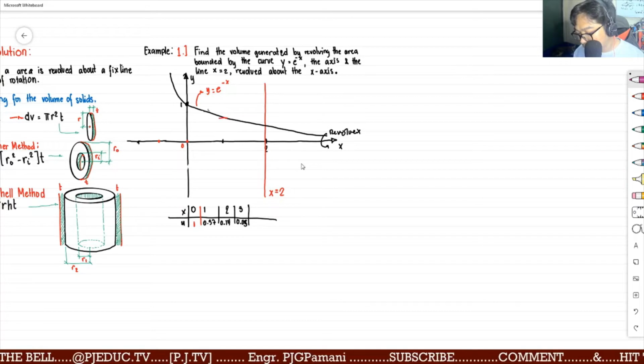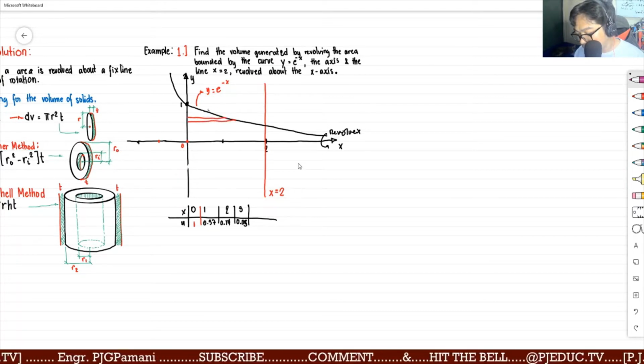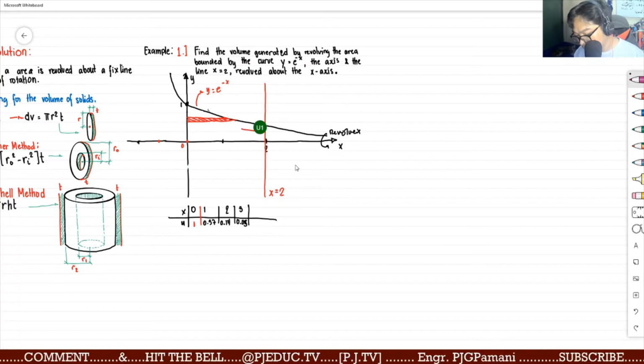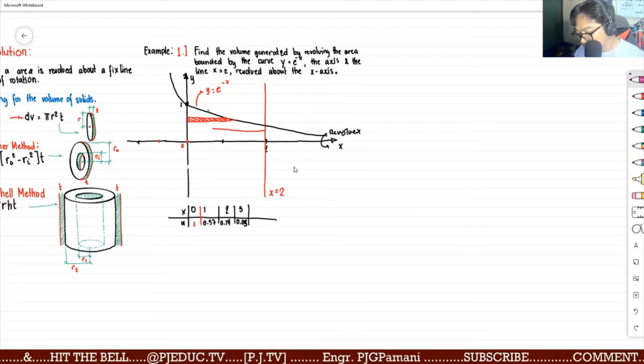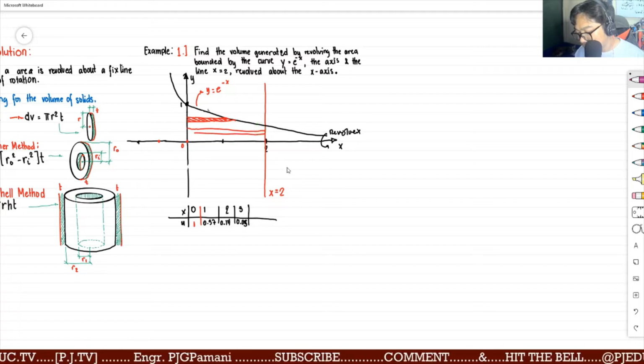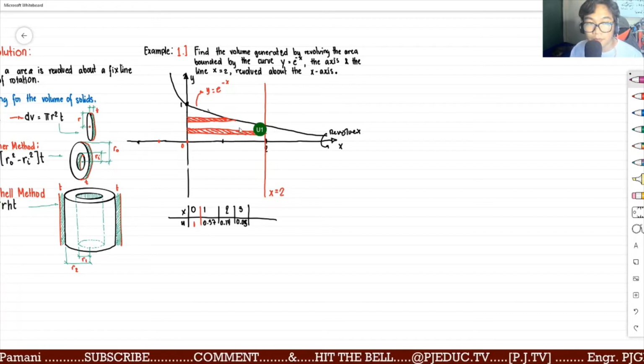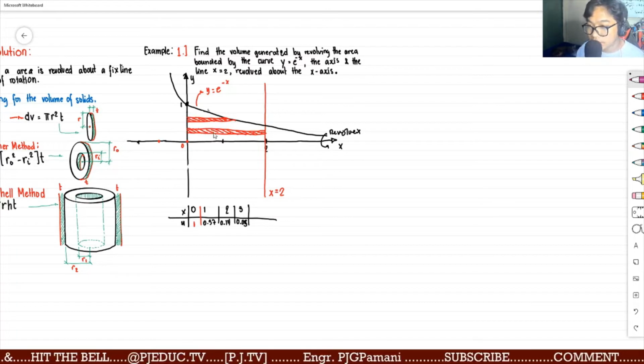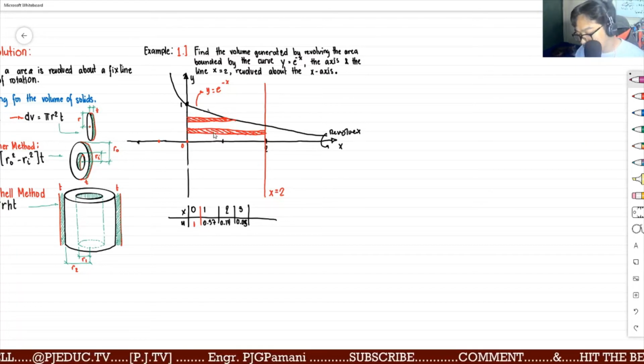One horizontal element is acting along the curve with respect to the y-axis, and another horizontal element is acting along the y-axis towards the line of our limit, which is x equal to 2. So yung unang strip will be our outer radius and the second strip will be our inner radius.